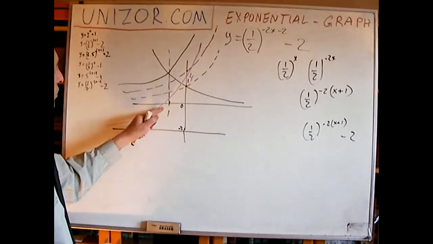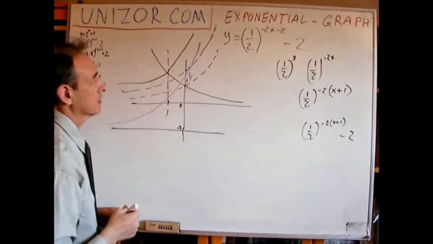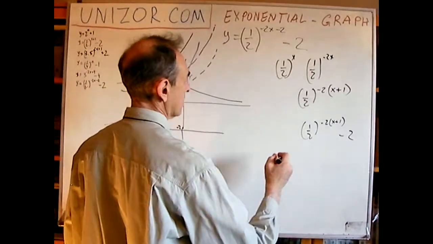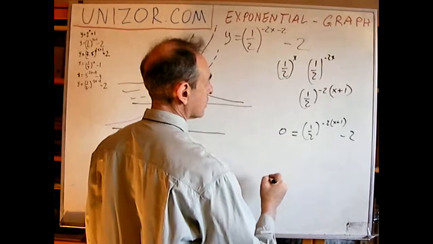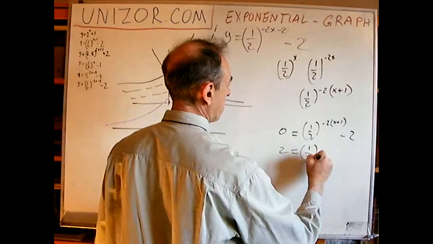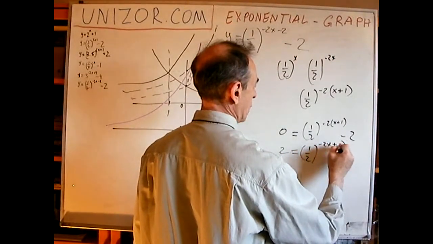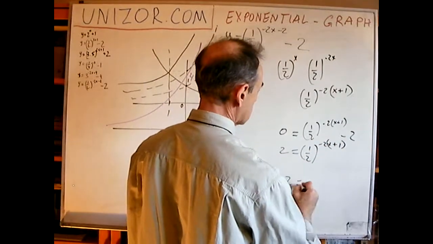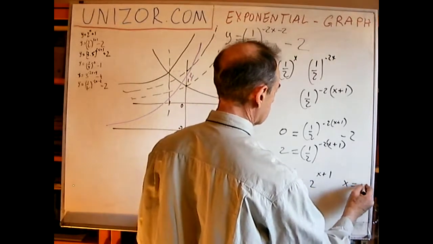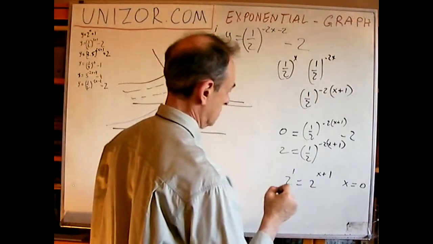And where it crosses the x-axis, that's when y is equal to 0, let's calculate what it is. If this is equal to 0, it means 2 is equal to 1/2 to the power of minus 2x plus 1, or 2 is equal to 2 to the power of 2x plus 1. This is 1, so x is equal to 0. So it's interesting. No, it can't be 0.